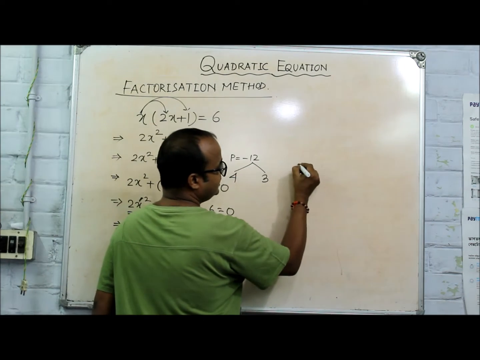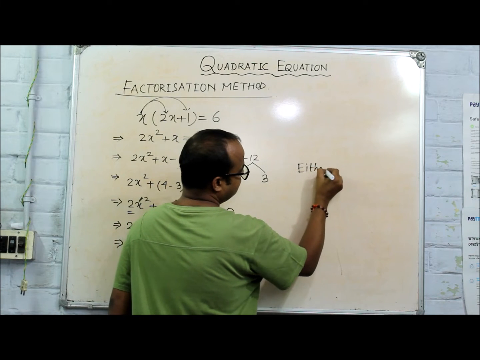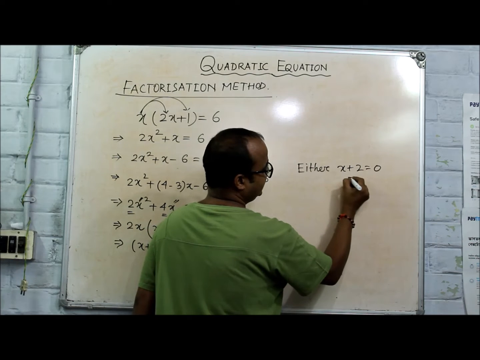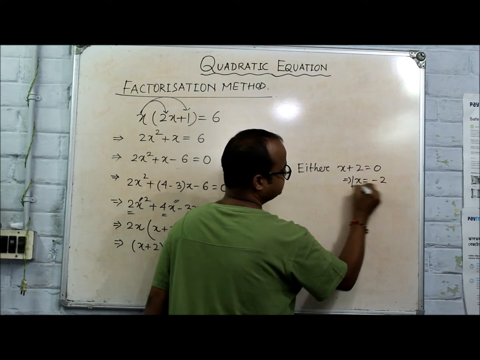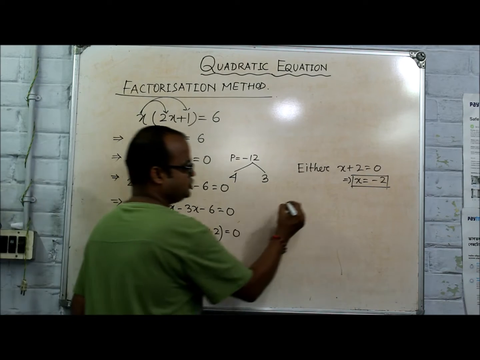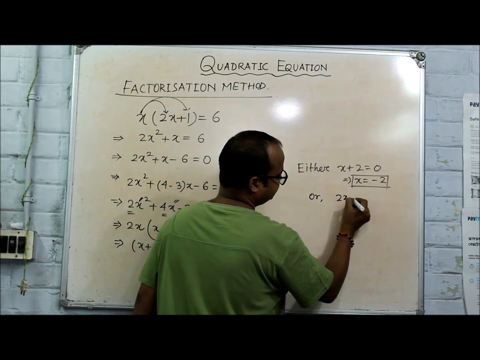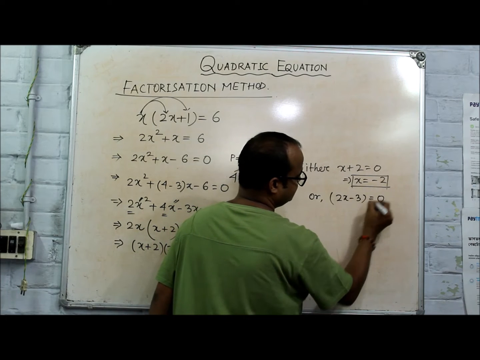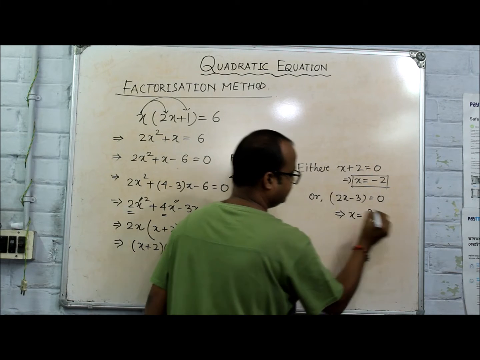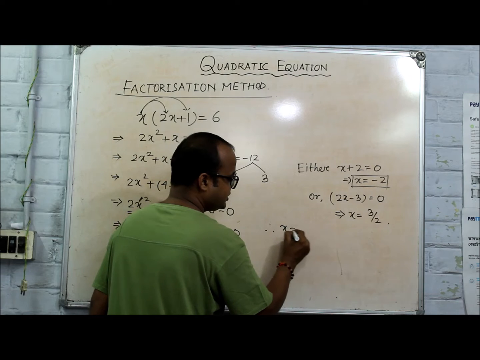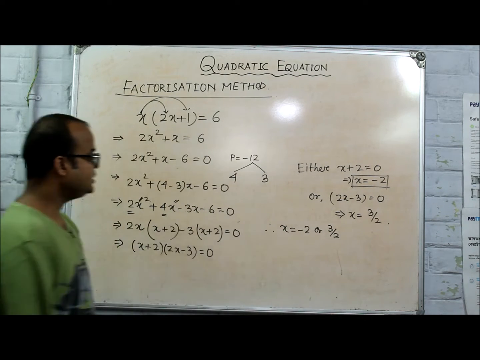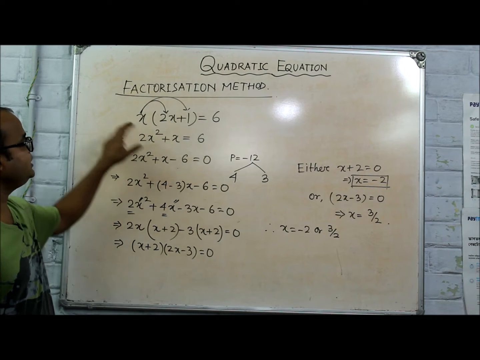So we can say either x plus 2 is equal to 0, it implies x is equal to minus 2, or 2x minus 3 is equal to 0, it implies x is equal to 3 by 2. Therefore, x is equal to minus 2 or 3 by 2 is a solution of the quadratic equation.